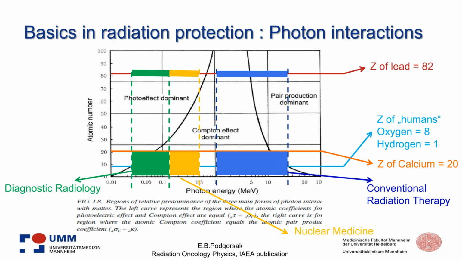If you want to go to shielding, we go up in the Z direction, up to the Z of 82. That's lead, and you see that for diagnostic radiology we are completely in the photo effect area with our high density and high Z. The same thing in nuclear medicine, with energies around 500 keV.